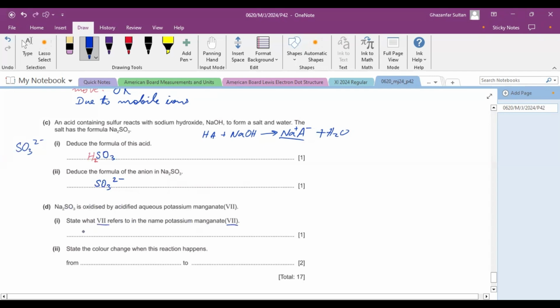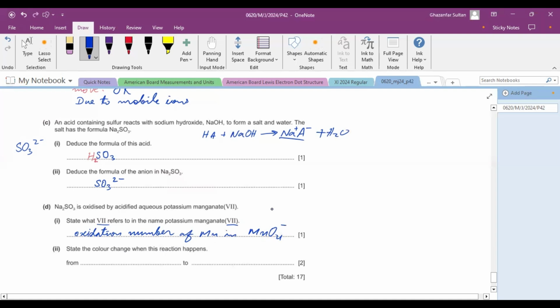So this 7 refers to the oxidation number or oxidation state of manganese in the MnO4 minus ion. This is the manganate 7 ion.